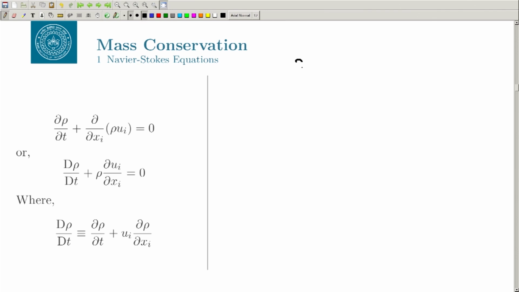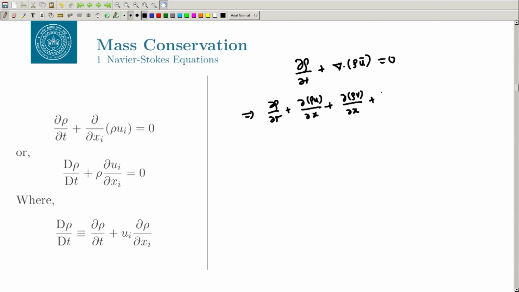So, this is what we derived: del rho by dt plus del dot rho u is equal to 0. Remember, u is a vector. So, if you expand it, this will be d rho by dt plus del rho u by del x, and if I am doing it for 3D, del rho v by del y and del rho w by del z.